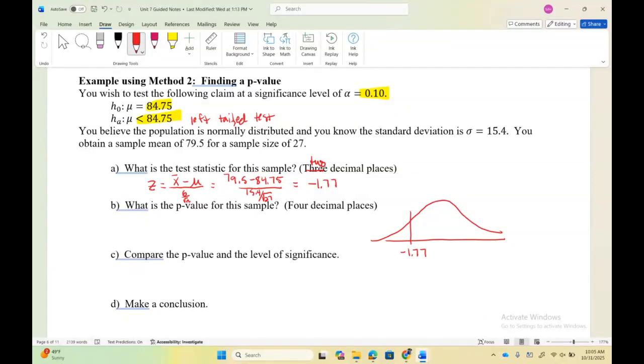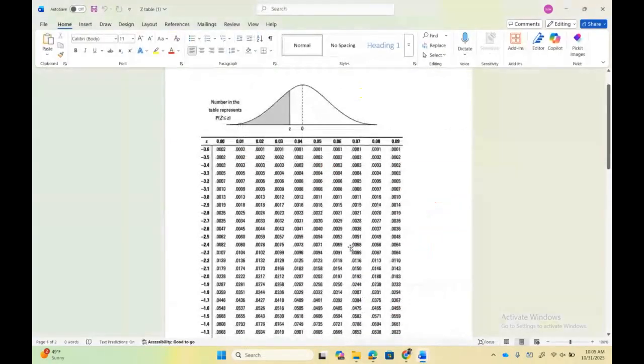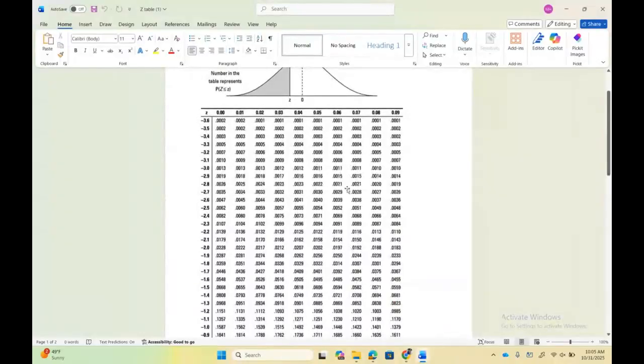And I'm doing a left-tailed test because I'm using a less than symbol, okay? So this area to the left over here, that will be my p-value, okay? So I'm going to my table, and I'm finding the area to the left of negative 1.77. All right, so I have found that to be 0.0384.